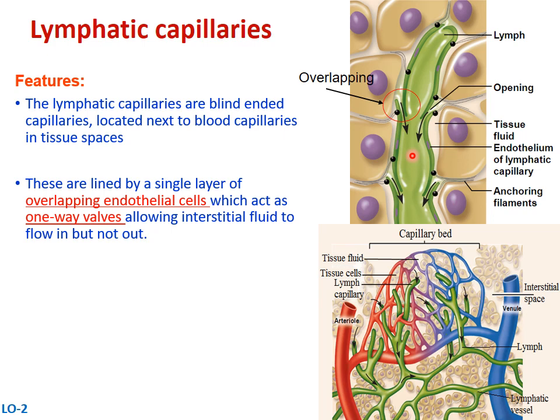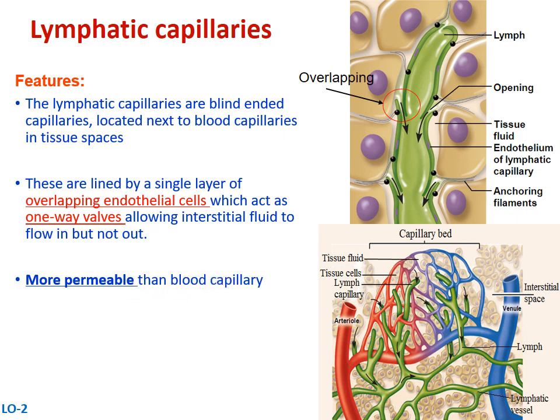Once it is inside, it is not allowed to go back. While going back, these two parts act like a valve and stick together. Once the fluid is inside, it pushes the cells and closes these openings so it cannot go out.